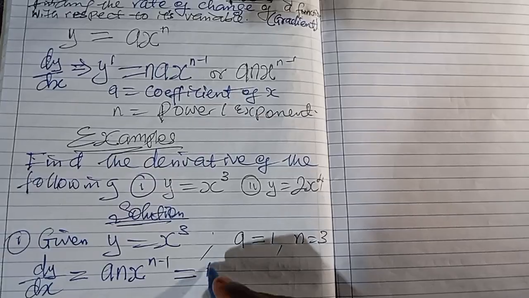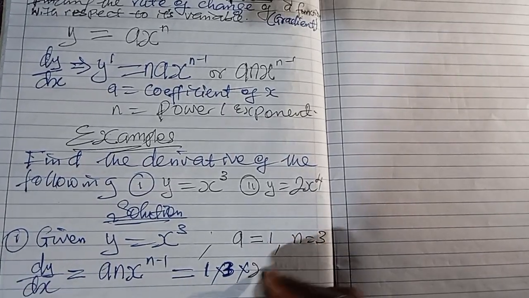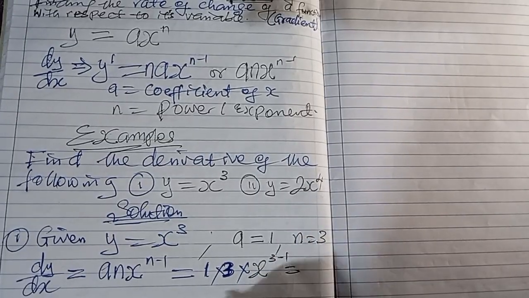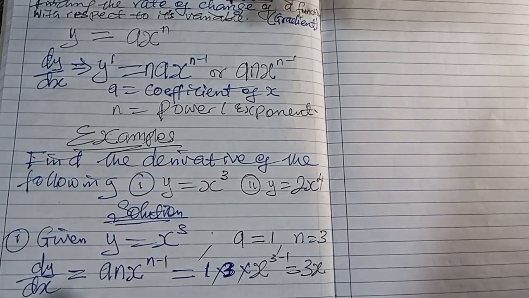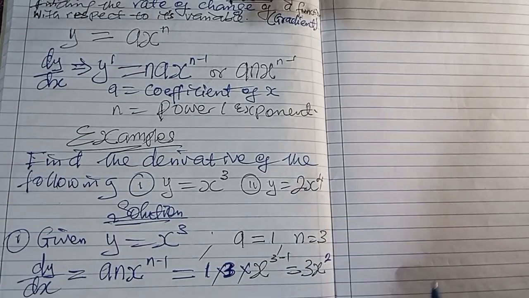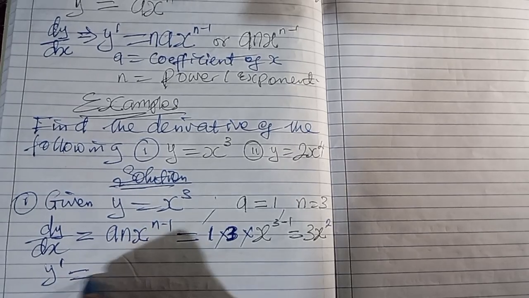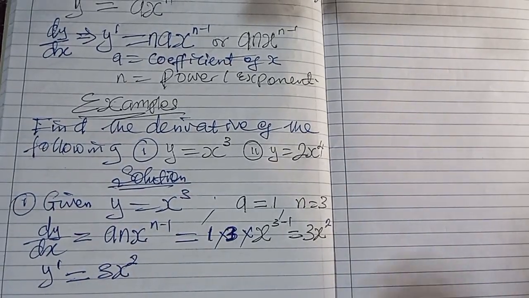So our a is 1, multiplied by 3, multiplied by x raised to power 3 minus 1. So 1 times 3 is 3, multiplied by x raised to power 3 minus 1, which is 2. Therefore y prime is equal to 3x raised to power 2.